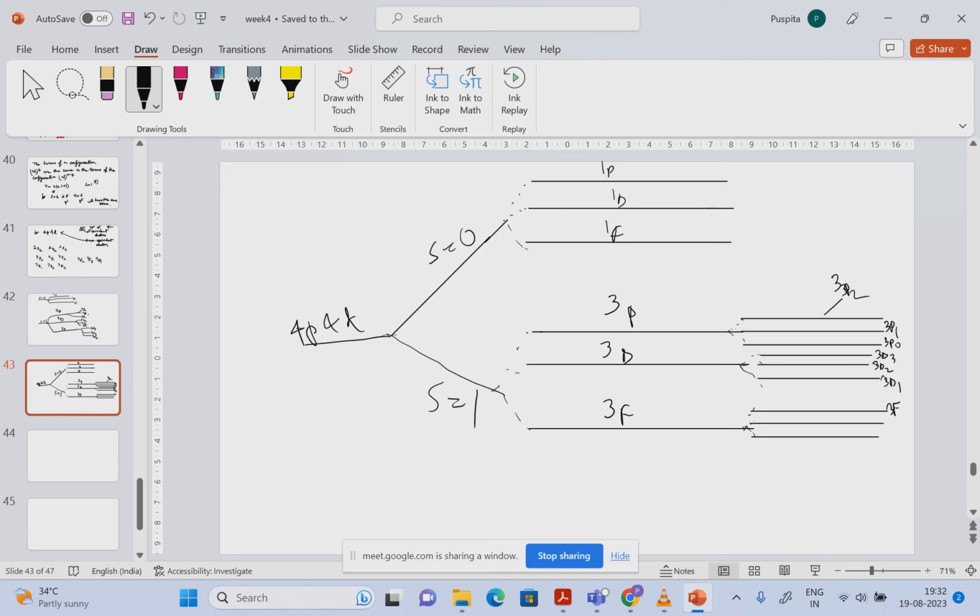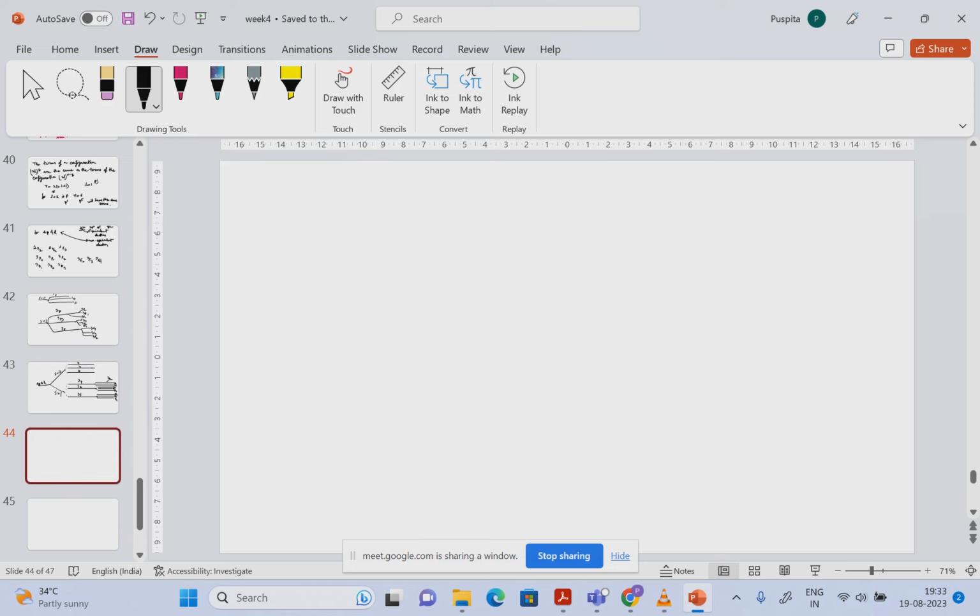This is 3F4, 3F3, 3F2. This is the energy diagram. So these are the terms of non-equivalent electrons.